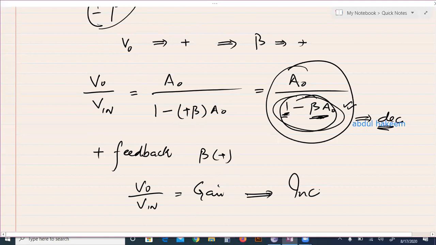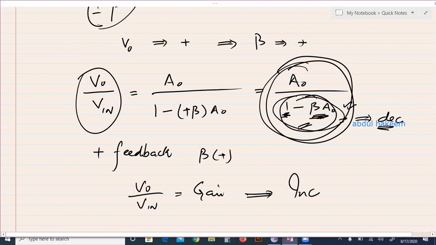So the conclusion is, when the positive fraction of the output voltage is added in the input signal, it's a positive feedback. As a result, this denominator decreases because this product is subtracted from 1. When the denominator decreases, the whole fraction increases, and the fraction is gain. It means the gain increases. So this is called positive feedbacking, and the positive feedbacking increases the overall gain of the operational amplifier.